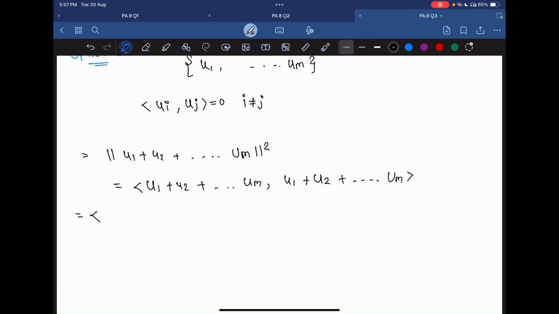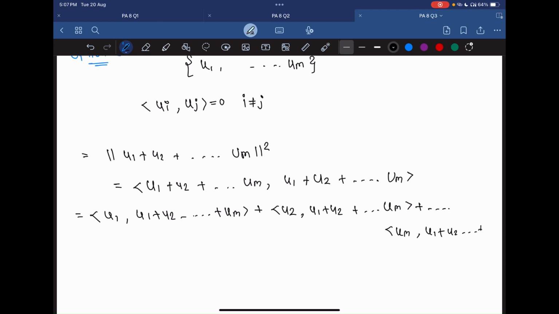With the help of the bilinear property we can write it as u1 inner product with u1 plus u2 till un, plus the inner product of u2 with u1 plus u2 till un, and so on.